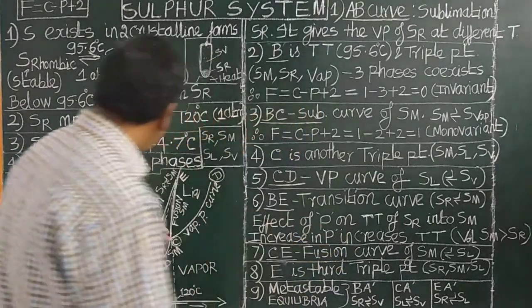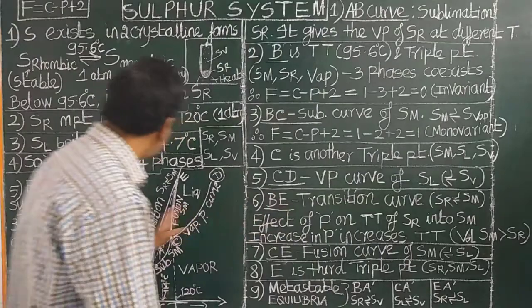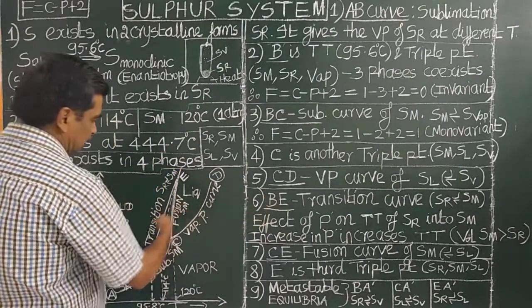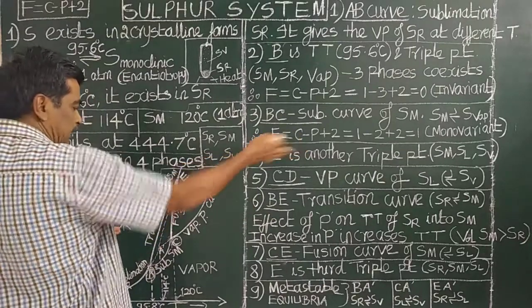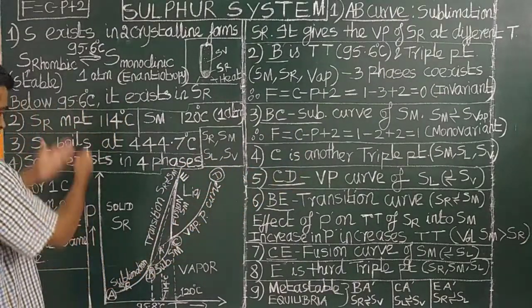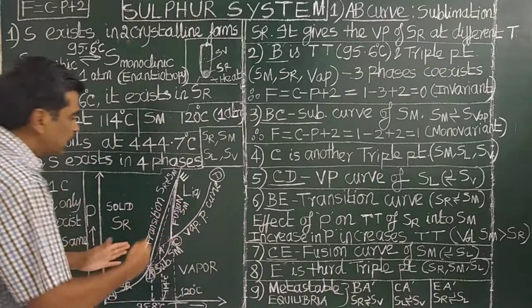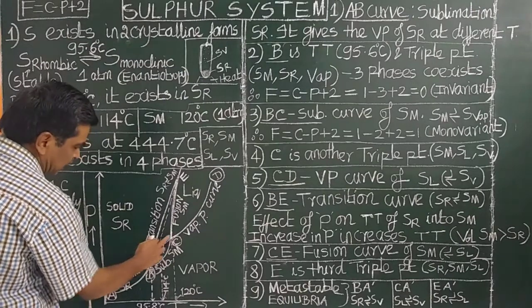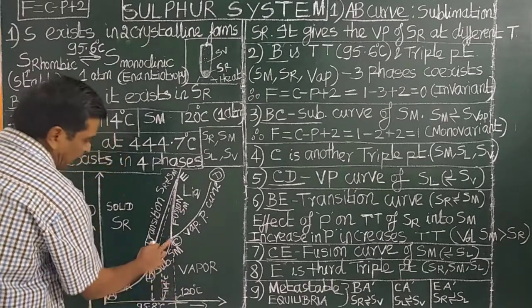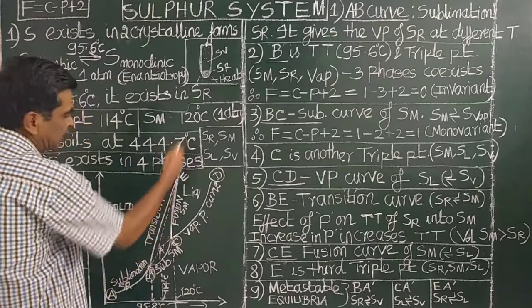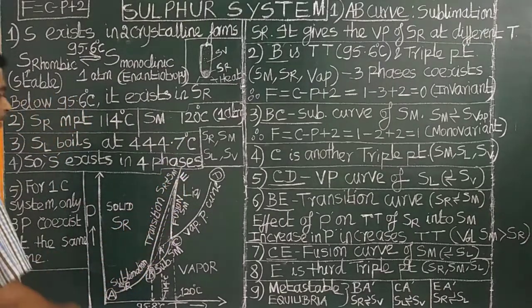Similarly, this curve is also slanting away from the y-axis, the pressure axis. Therefore, for example, this is the melting point or fusion point, and with increase in pressure, it increases.